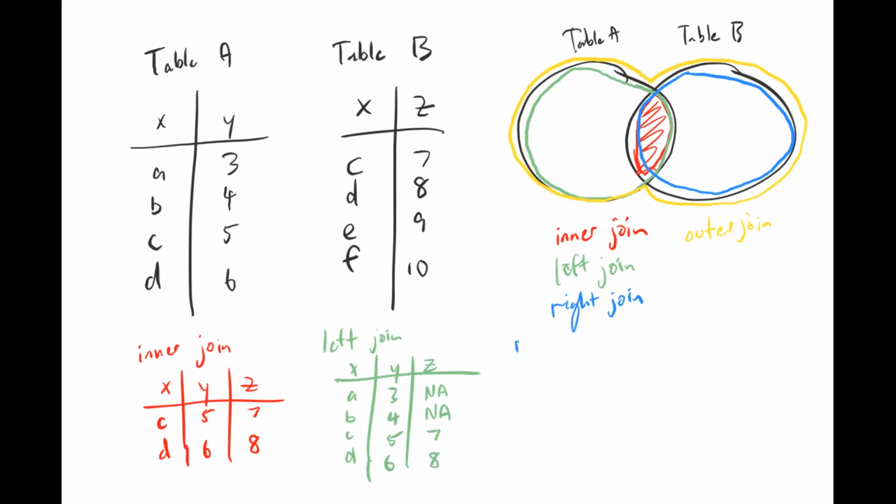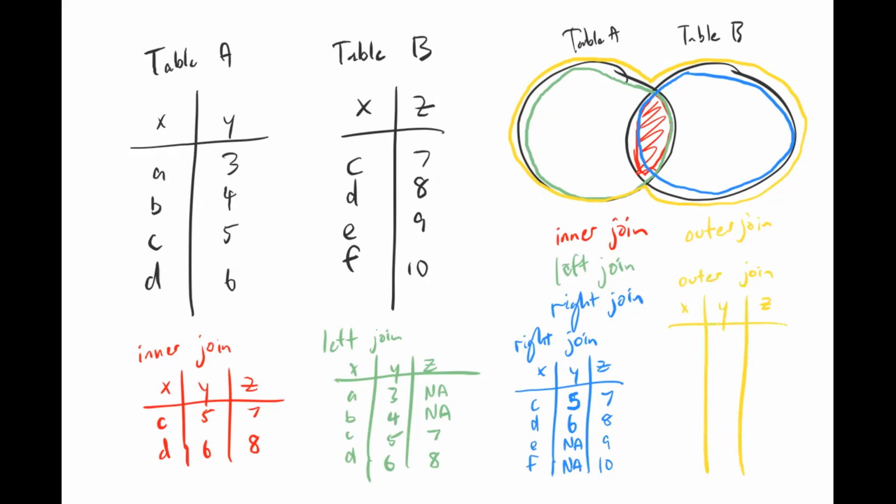Then you can imagine what the right join is going to look like, X, Y, Z. It'll be C, D, E, F, and Z is going to be 7, 8, 9, 10. Then we'll have 5 and 6 for Y, and NA for my E and F. And lastly, my outer join will have all of the values.